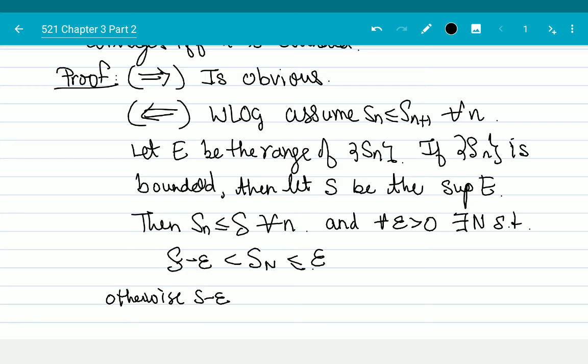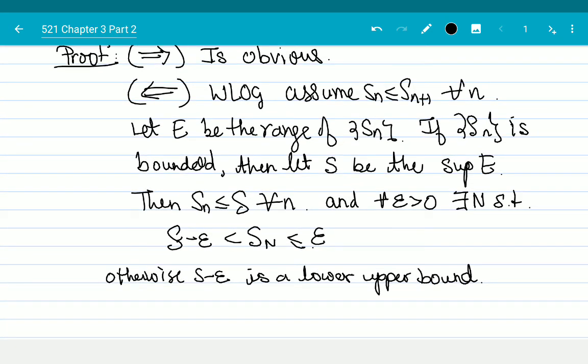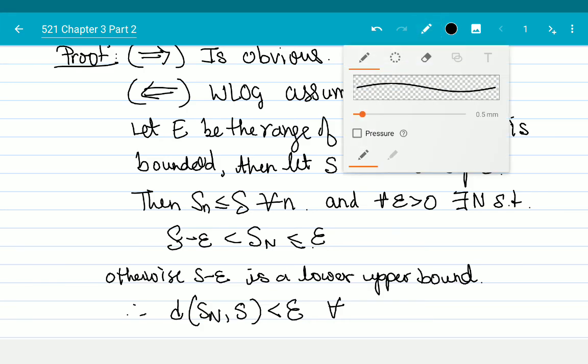Well, this means that, therefore, Sn converges to S. Therefore, the distance of Sn comma S is smaller than epsilon for every, oops, this should be a small n.